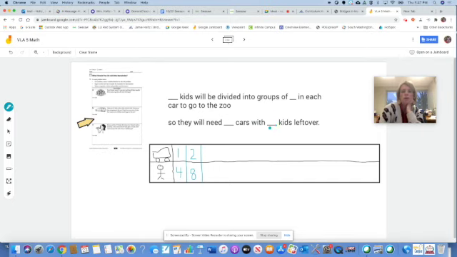Are you going to convert it into a fraction or a decimal? Or could you round up so that each kid fits into a car? Remember to record your thinking on your workbook page.